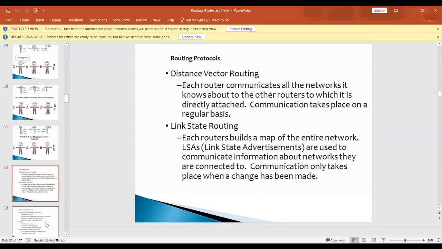Routing protocols, the dynamic routing protocols, we can divide into two types: distance vector routing and link state routing. Under distance vector routing, each router communicates all the networks it knows about to the other routers to which it is directly attached, and the communication takes place on a regular basis.